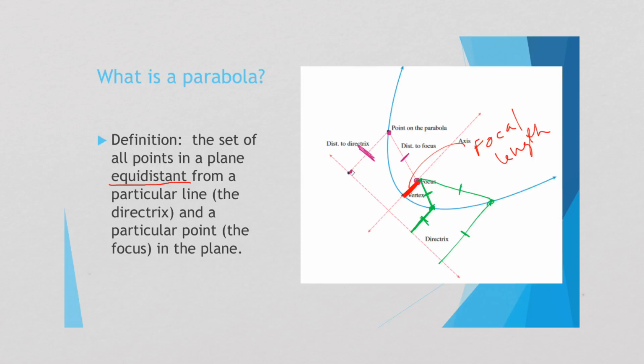And that's the same as this distance here. Because remember, any point from the focus to the graph and the graph to the directrix is the same. So these have the same lengths, and that's the focal length.